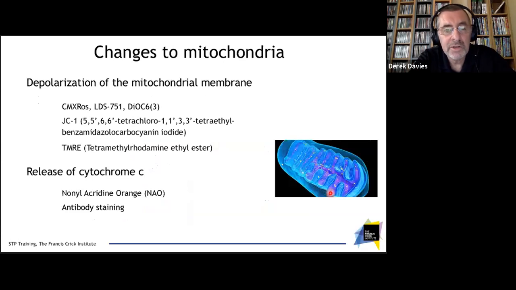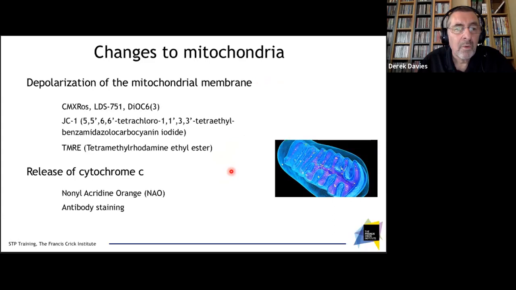Let's look at some changes in the mitochondria. So I've said mitochondria are particularly important in apoptosis, and we can look at two different things. We can look at changes in the mitochondrial membrane potential, or we can look at the release of cytochrome C. And there are several different dyes that we can use to look at either of those.